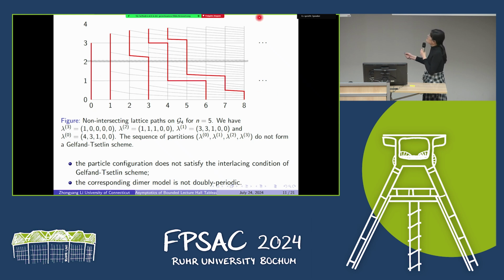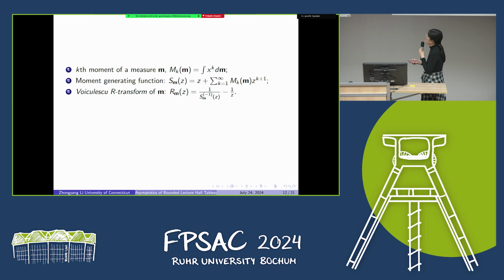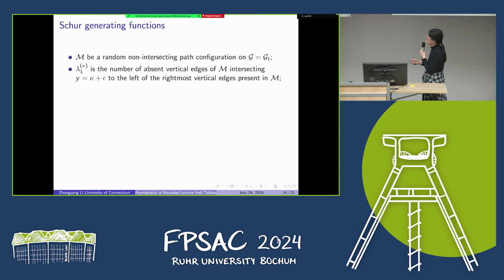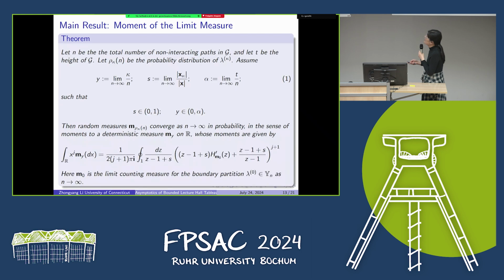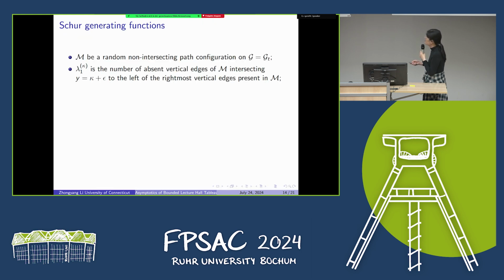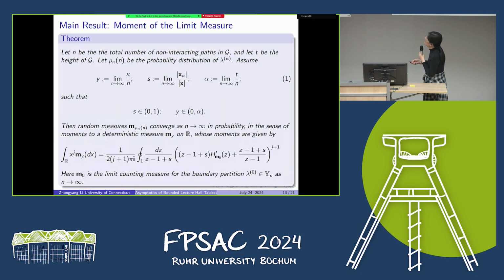So at each horizontal level, we find the partition, and we are going to consider the distribution of this random partition. And so then we consider the empirical measure of this random partition. We consider the moments of this empirical measure, and we obtain an explicit contour integral formula for the moments of this empirical measure.